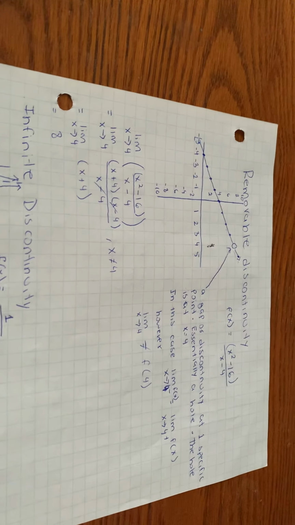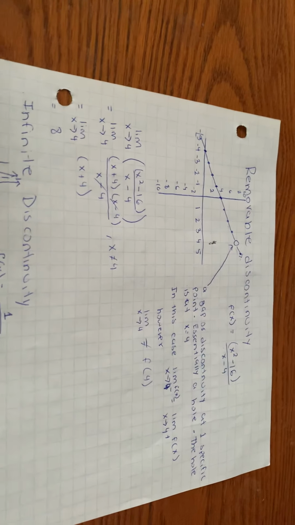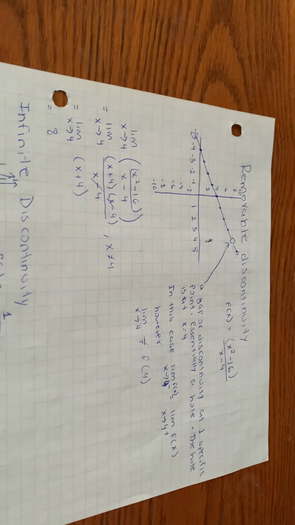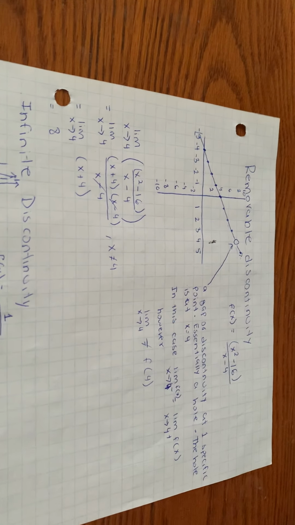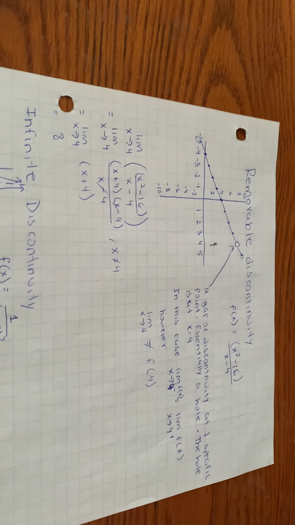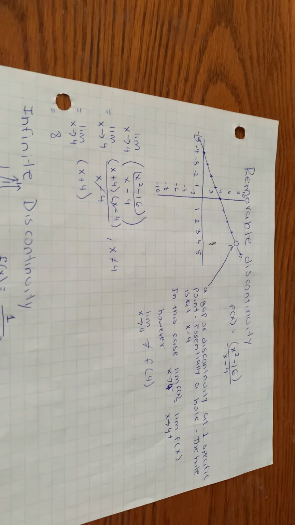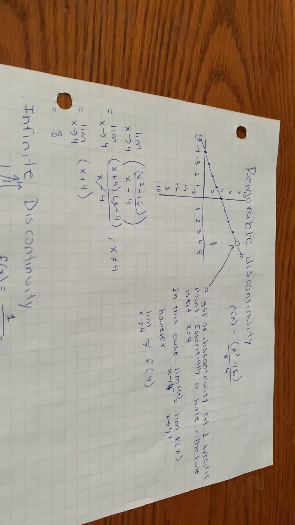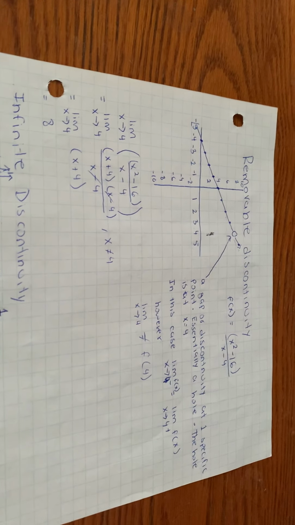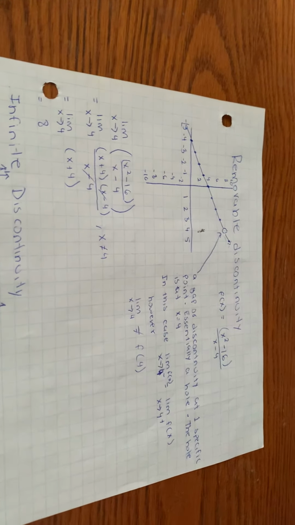But the problem here is that your two-sided limit will not equal the value when you plug that number into the equation. So for example, if x was approaching 2 and the limit as x approaches 2 is, say, 6, and I plug 2 into the function equation and I get 12, because they're not equal, this function is not continuous.